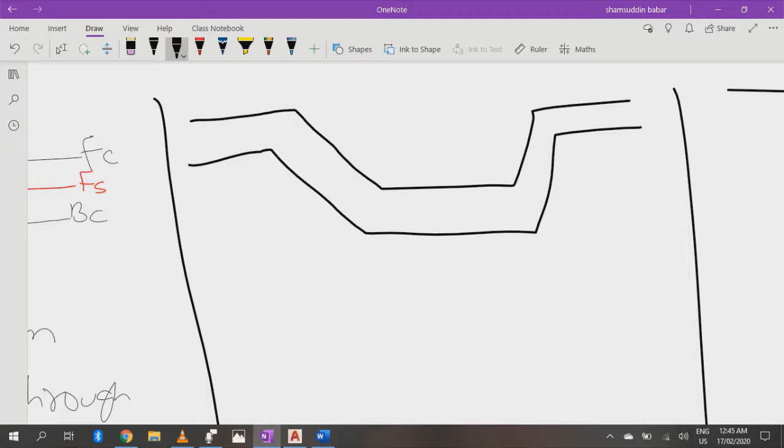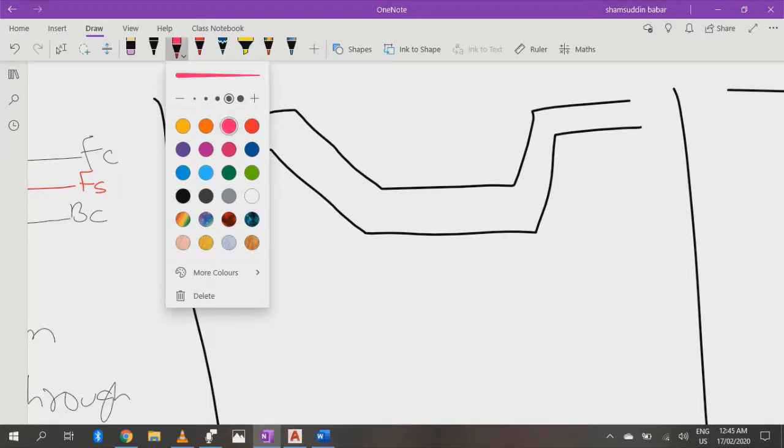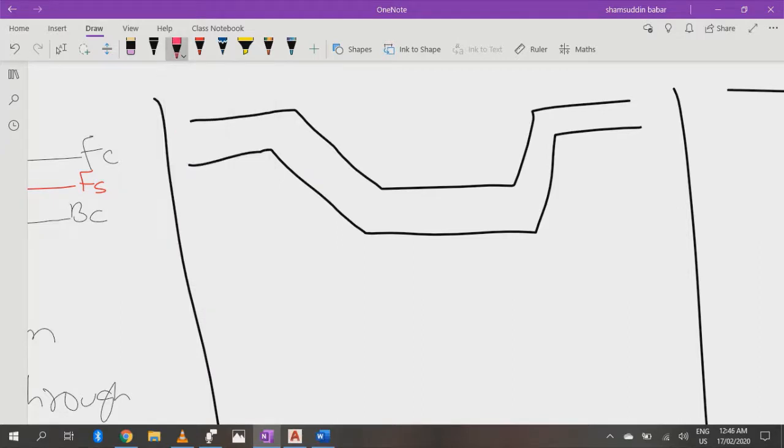What is meant by these losses? For example, this is the level of water when the water enters the siphon. The water enters the siphon from here, for example this point. Now the water enters the siphon and the water level is this.